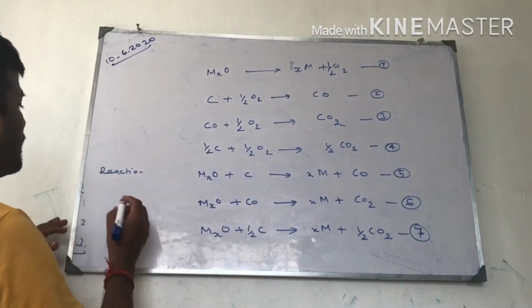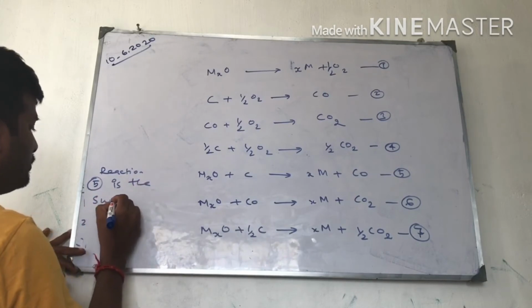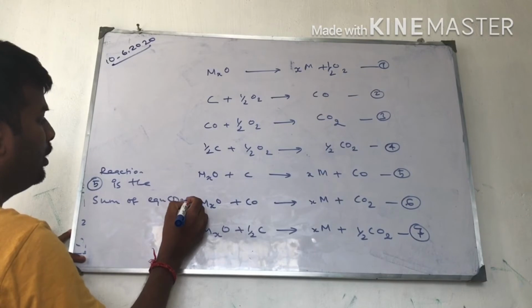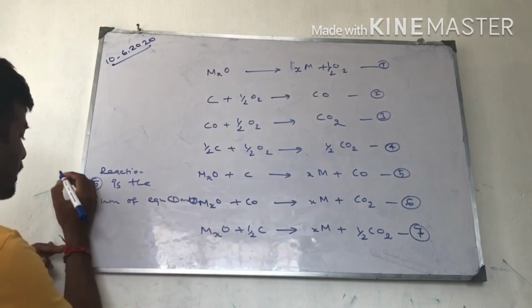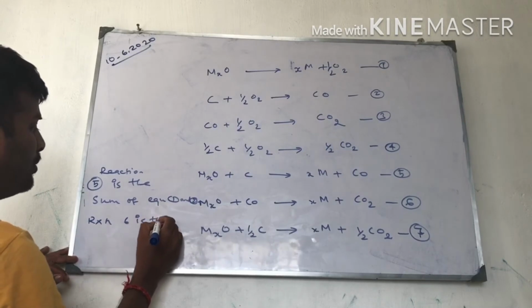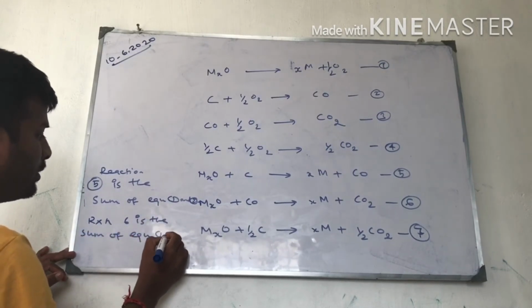Now I am just telling, reaction 5 is the sum of equation 1 and 2. Reaction 6 is the sum of equation 1 and 3.